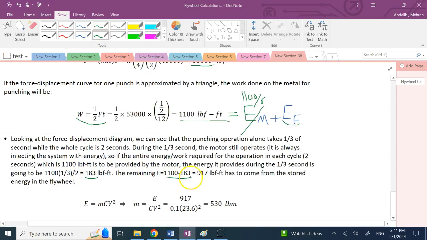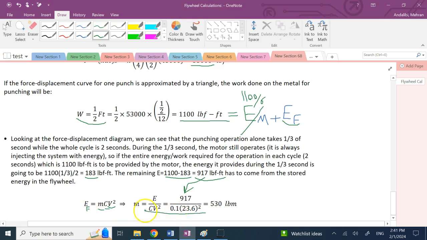So 1100 minus 183 is 917 pound force feet. And now this is that energy that you need from the flywheel. It is 917, which is equal to the mass of the flywheel times the coefficient of fluctuation times the average velocity squared.